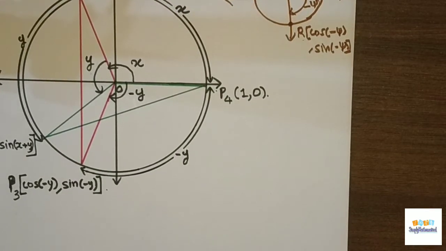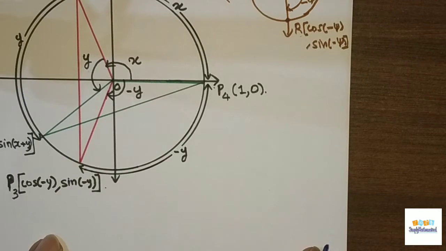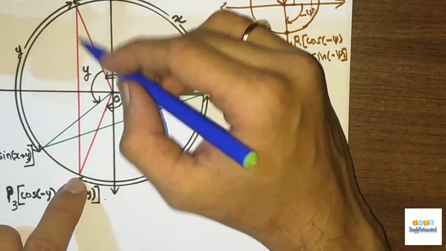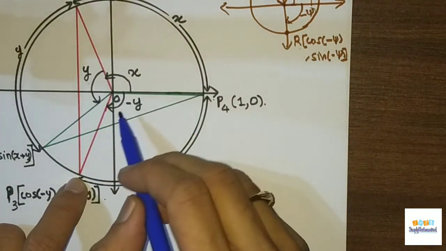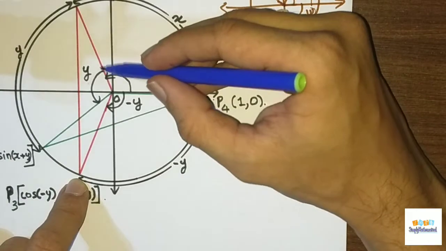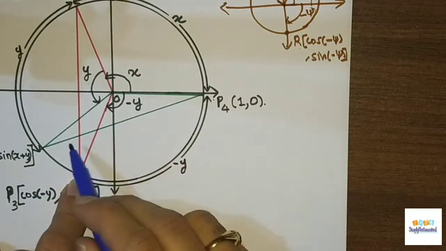Now let us write the proof. What you have to observe here first are the triangles. This is the red triangle, this is the green triangle. What we have to prove is this red triangle is congruent to this green triangle.